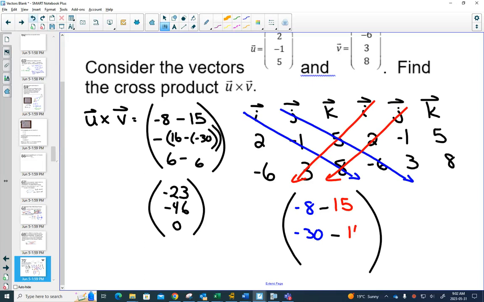Here, -16. And finally for K, here would be K, 6, minus, and I have 2 options for going backwards on K, but I'll do that one.